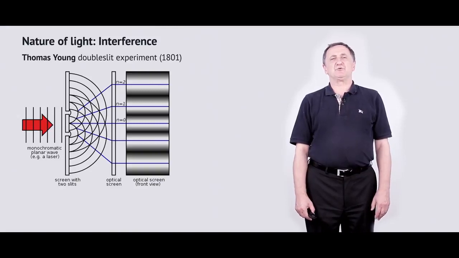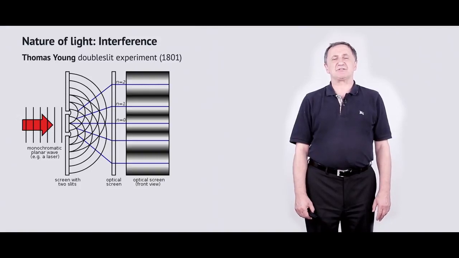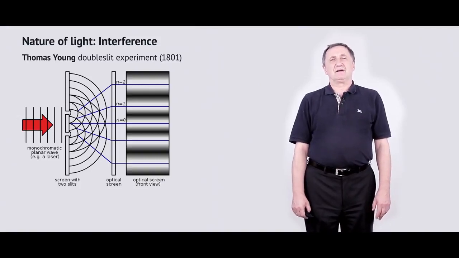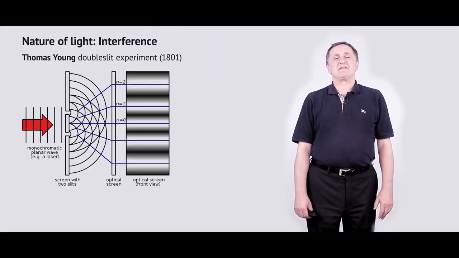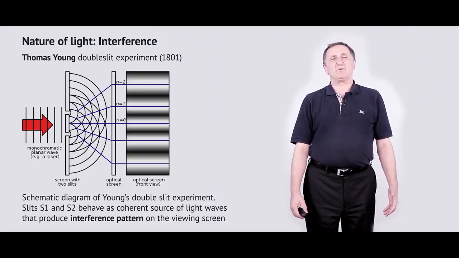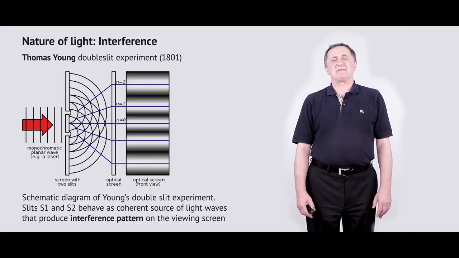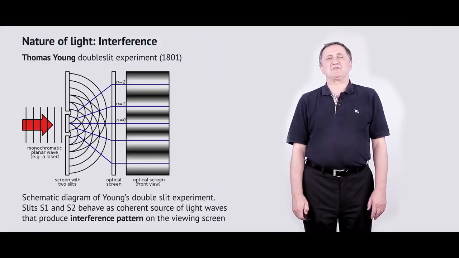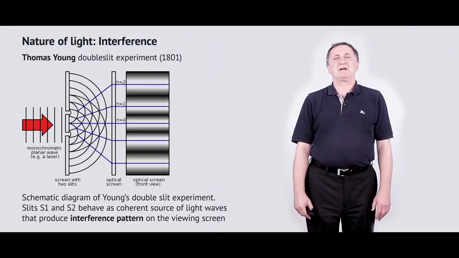So indeed, if we have a screen and we make two holes, two slits S1 and S2, in this screen with some distance d between these holes, and then we organize a beam of light with the same wavelength, let's say monochromatic light, coming parallel to these slits, then owing to interaction between these beams on the screen, we will have the interference picture.